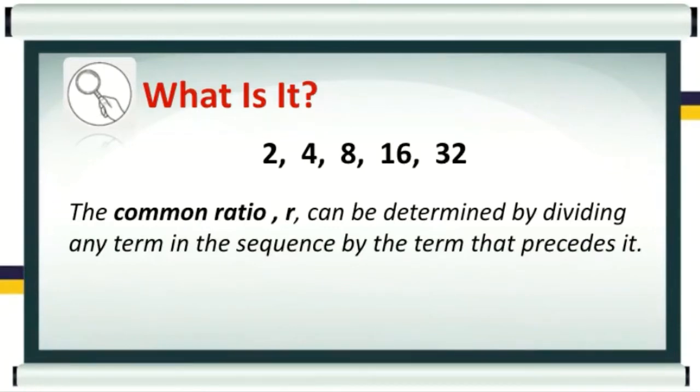For example, any term. It says any term, so we can choose any term except for the first term. We can choose any term from the second to the last term. So if we are going to choose 16, we are going to divide 16 by what term? 8.